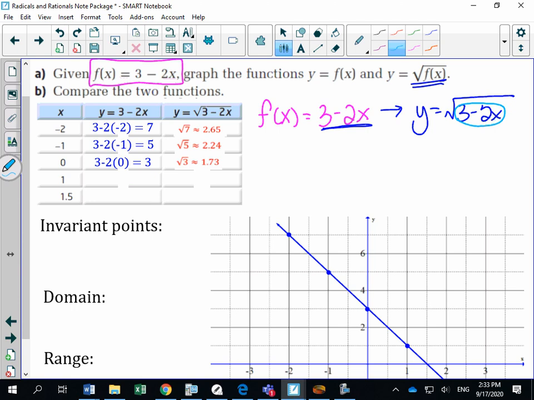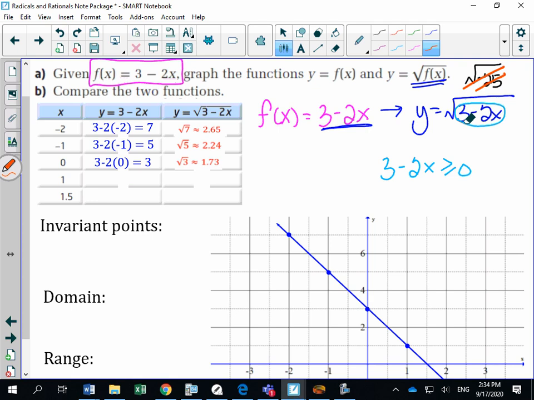So in order to figure out the domain of your radical function, you always take that radicand, 3 minus 2x, and you're always going to say that radicand has to be greater than or equal to 0. So why did I say it has to be greater than or equal to 0? The reason is you could never take the square root of a negative number, right? That's impossible. So whatever I put underneath my radical sign, it must be 0 or bigger than 0.